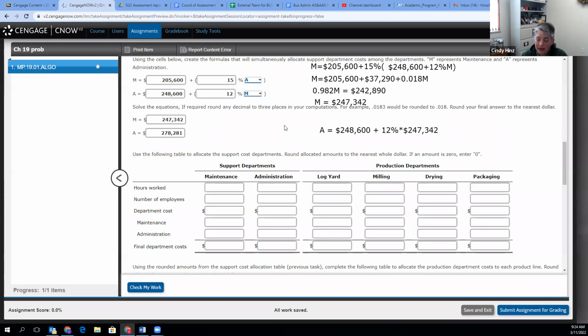I think it's me and my new calculator not knowing how to use it, because I just did it again and I got that same answer, 278,281.04. So, okay, good. I just don't want to click check my work because then I'm going to have all those gray boxes messing up my screen. But this is the formula to find it, and I apparently just did the calculation wrong.